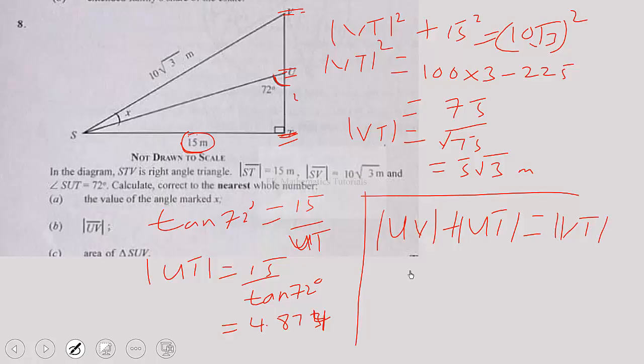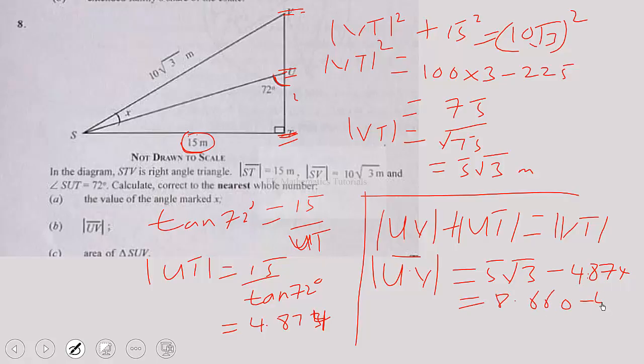So UV, what we are looking for, is equal to VT, which is 5 root 3, 5 root 3 minus 4.874. Now 5 root 3 is the same as 8.660. So you have 8.660 minus 4.874.